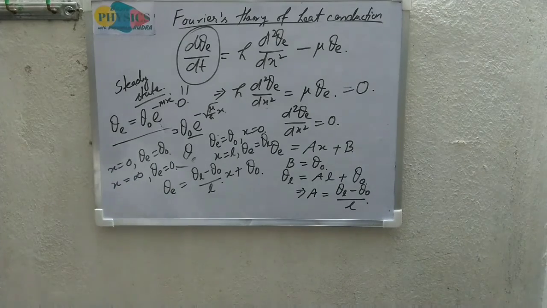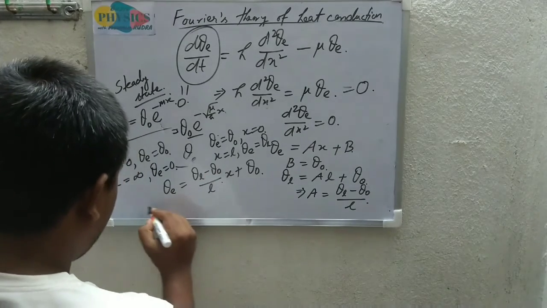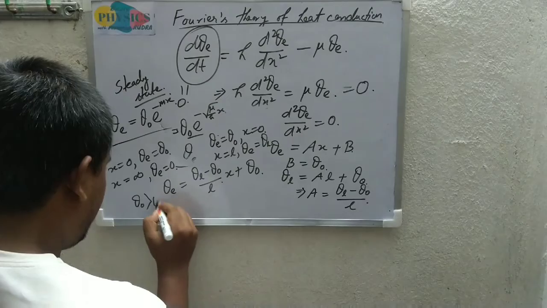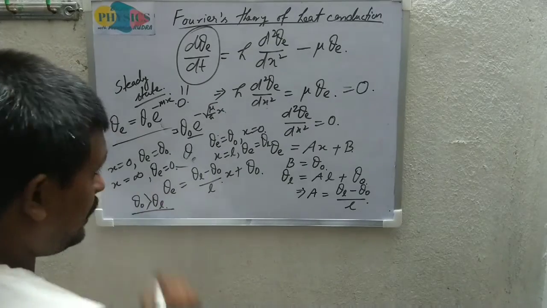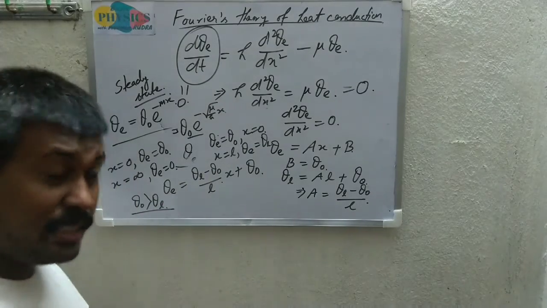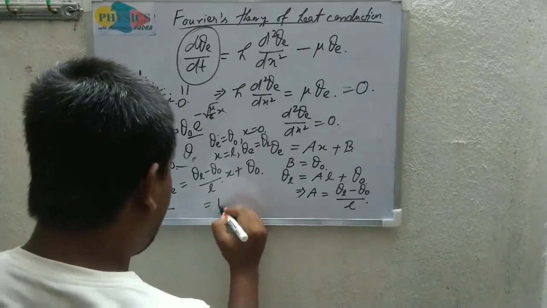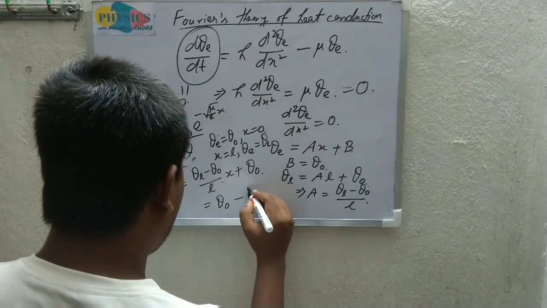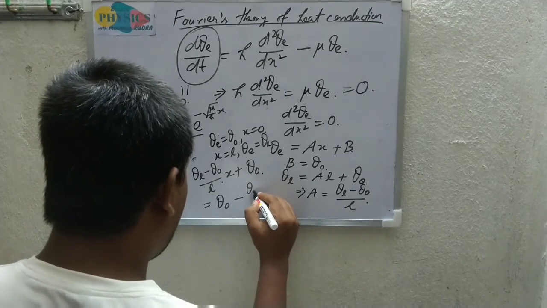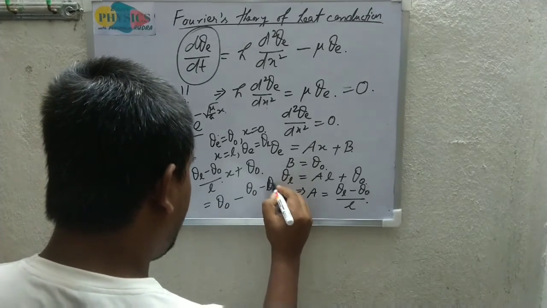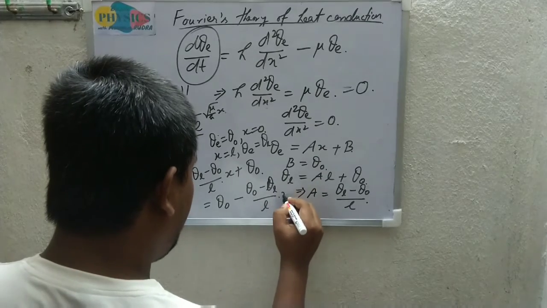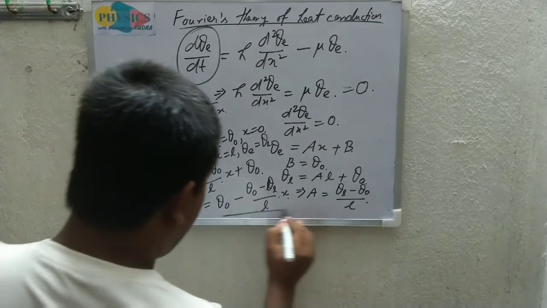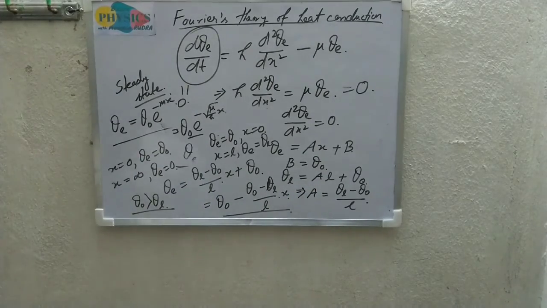And we know that theta 0 is greater than theta L, theta 0 being the much higher temperature. Then we can write theta e equal to theta 0 minus theta 0 minus theta L by L into x. So this is the ultimate solution.